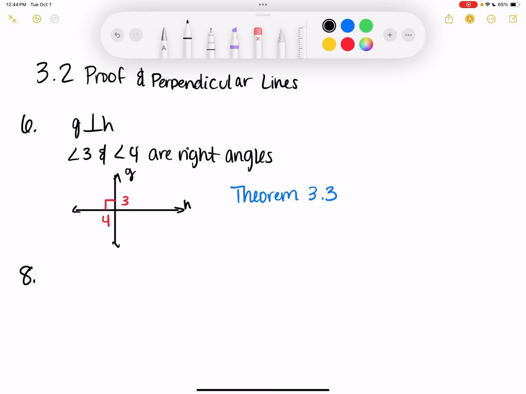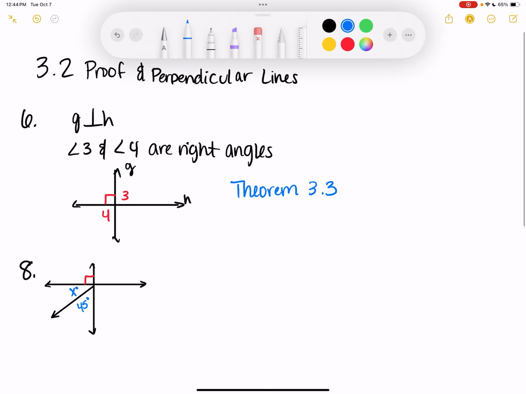8. This is where we're starting to find the value of x. So 8 is, they give us a picture. And so we have a picture that looks like this, and we're trying to solve for x.